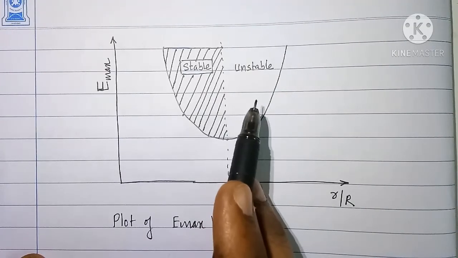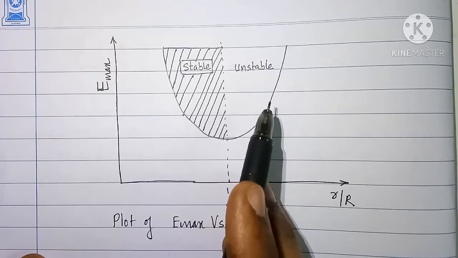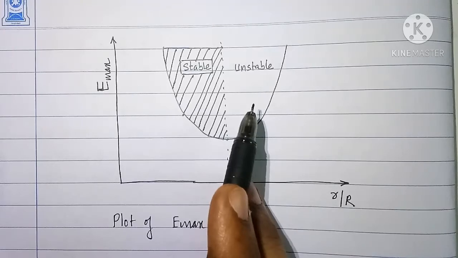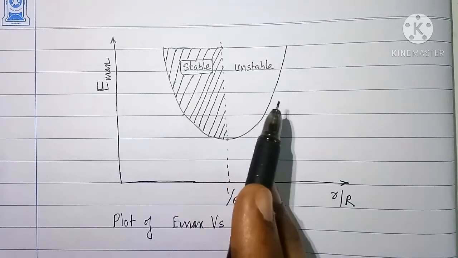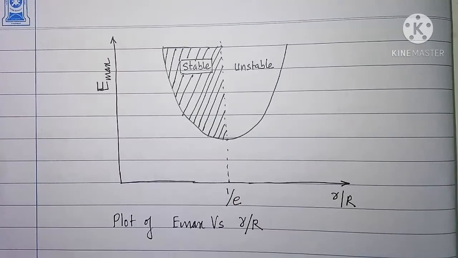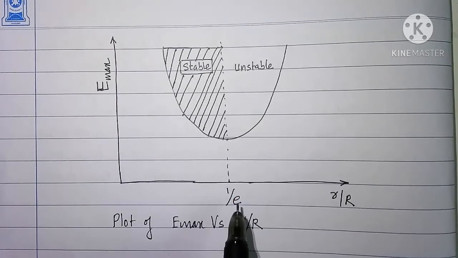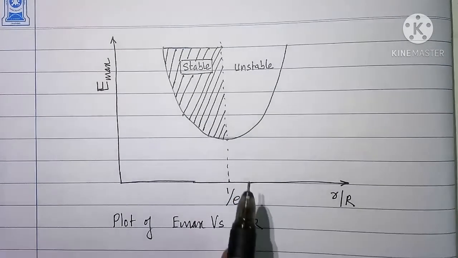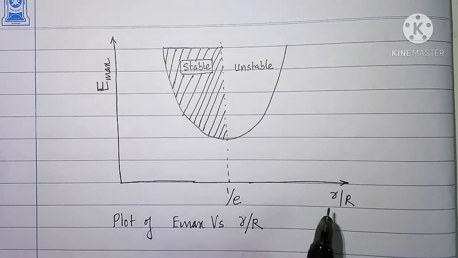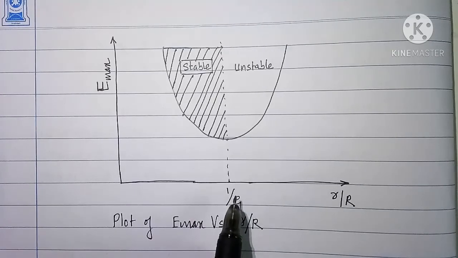That means it won't operate according to the design. And it happens so because of the manufacturing defects. So, for the stable operation of the cable, remember, small r to capital R ratio should be less than 1 by e.